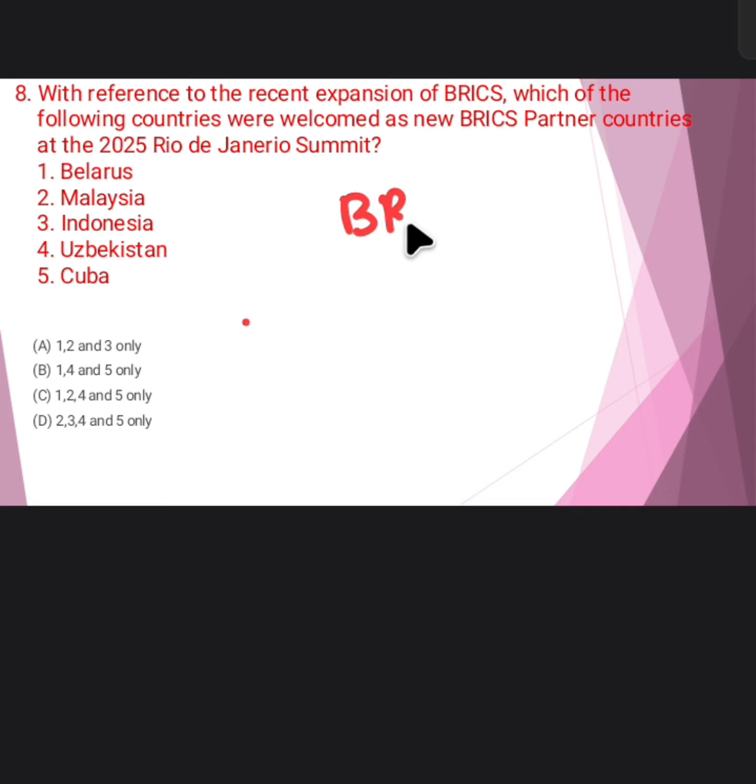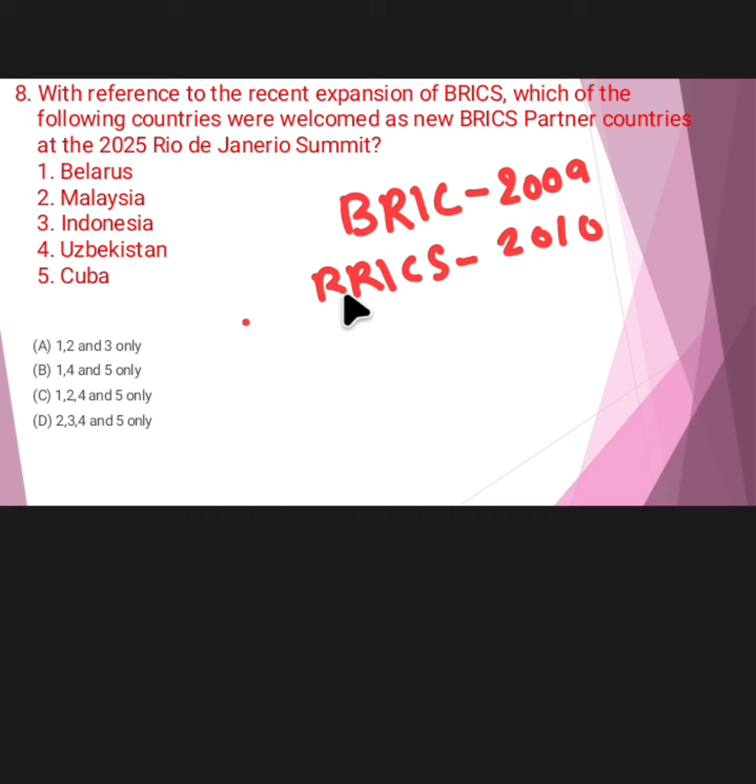BRICS was formed as BRIC, Brazil, Russia, India, China in 2009. In 2010, South Africa was added and it became BRICS. In 2014, they formed a bank known as the New Development Bank. The president of this bank is Dilma Rousseff.